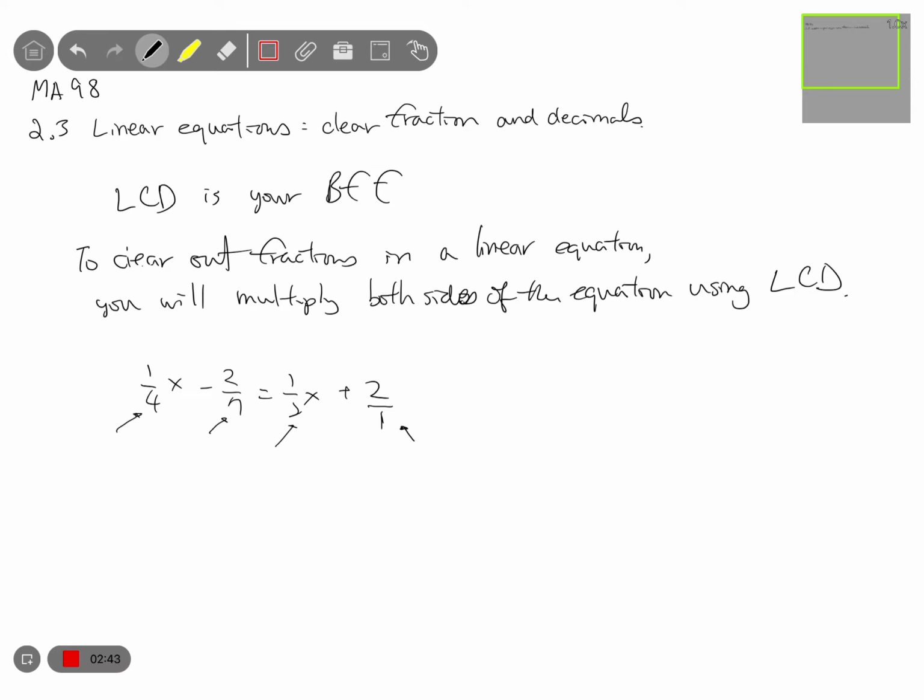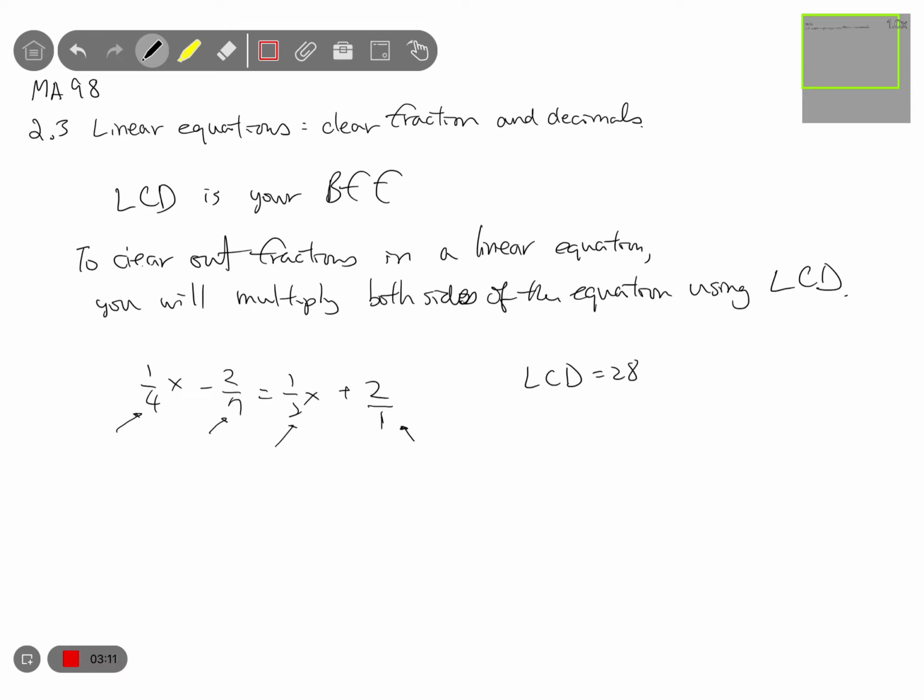So in this case, we need to figure out, is there a number that I can multiply that will cancel out 4, 7, and the 2 at the same time? Okay, so the number that we're going to use here is 28, because 4 goes into 28, 7 goes into 28, and 2 also goes into 28.